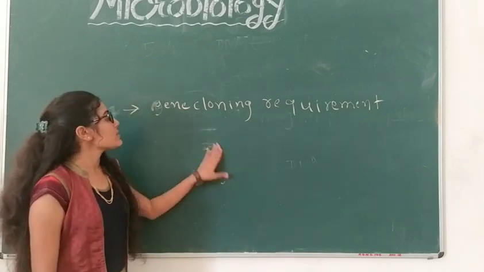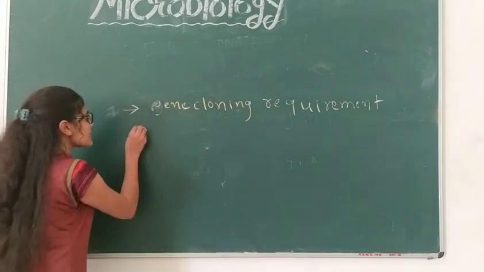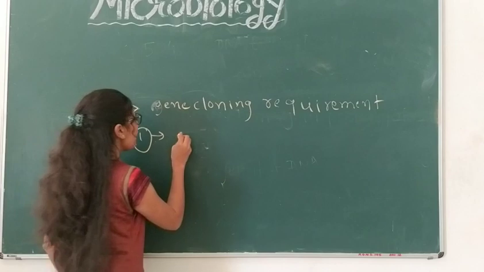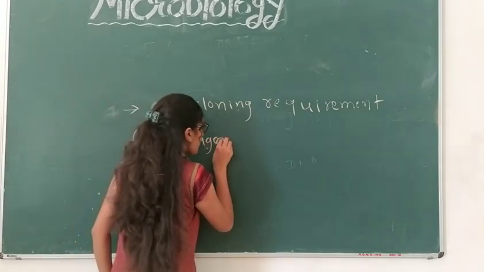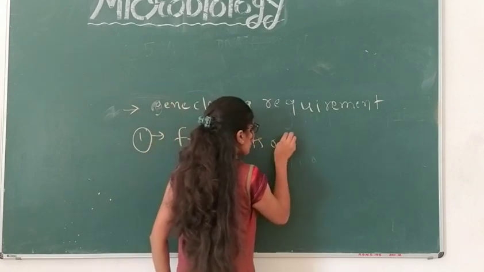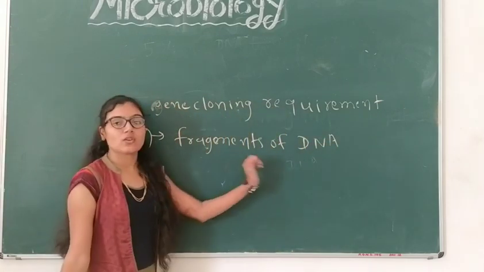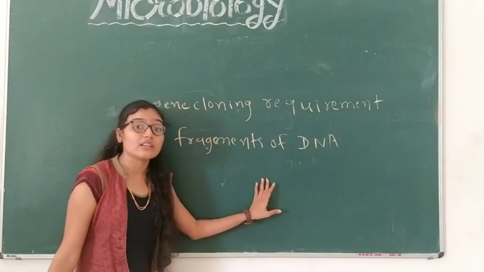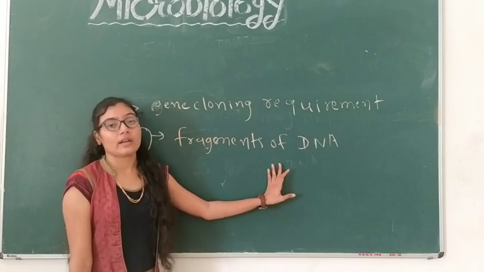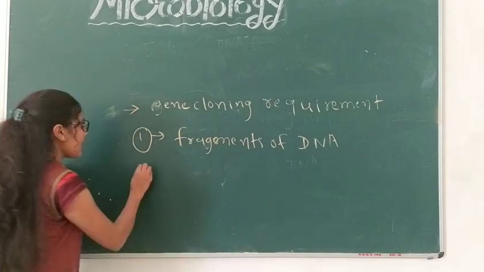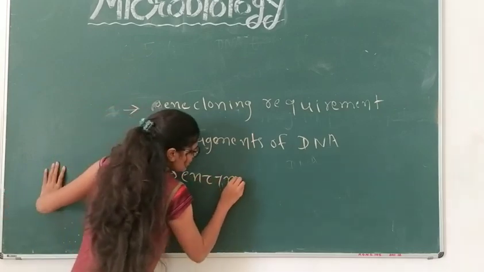Okay. Now we will discuss the requirements for gene cloning in a prokaryotic cell. The first requirement is fragments of DNA containing our desired gene, the gene of interest for our transformation. Second, we will require enzymes.